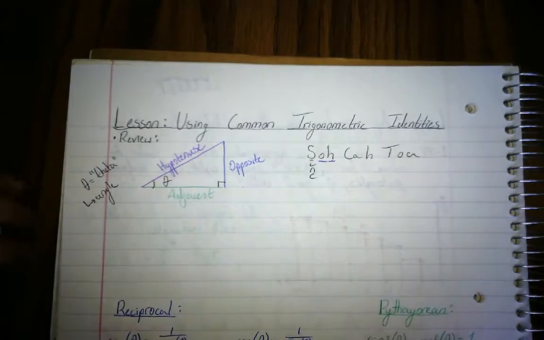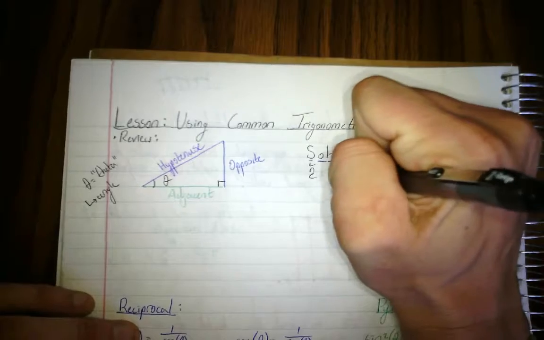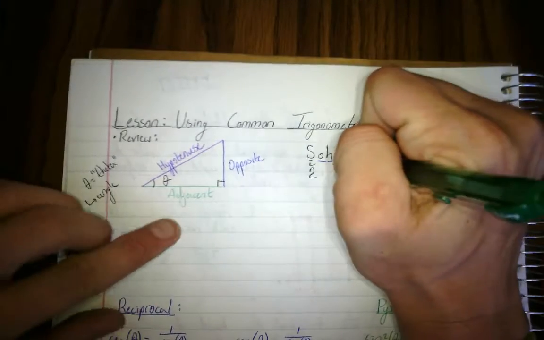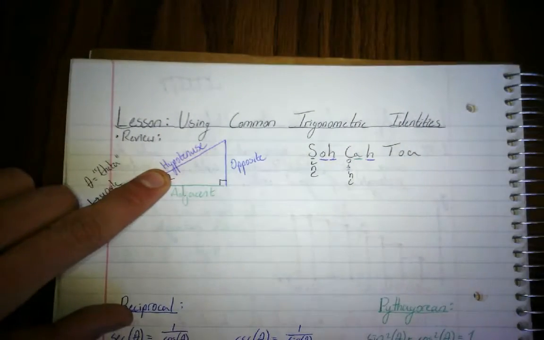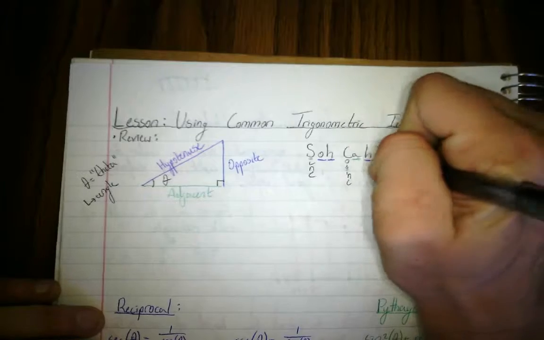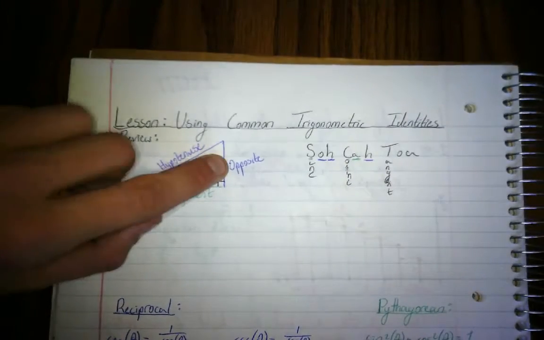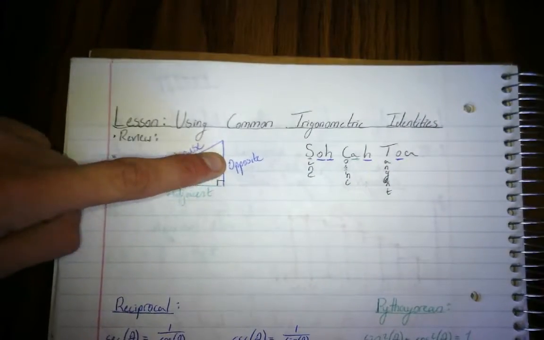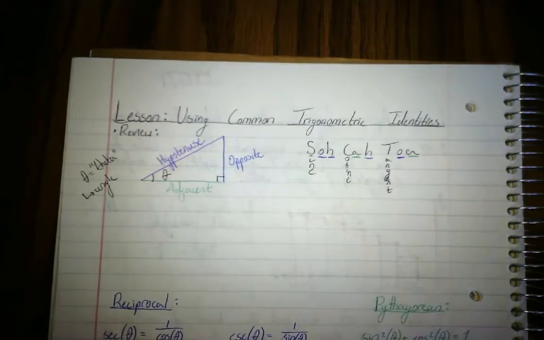Our cosine of our angle is going to be the adjacent side over the hypotenuse. And finally, we have the tangent of an angle, which relates the opposite side to the adjacent side.